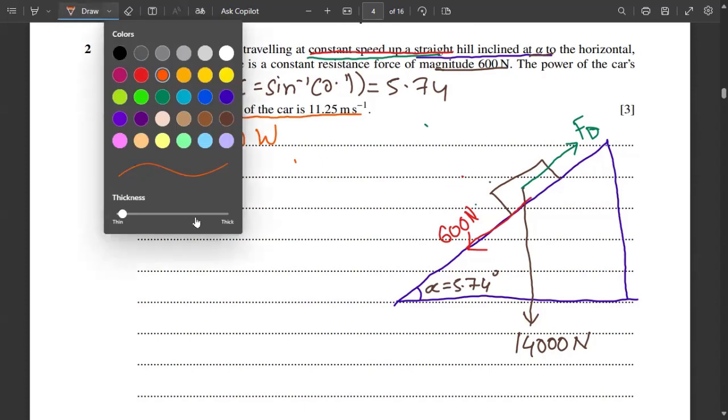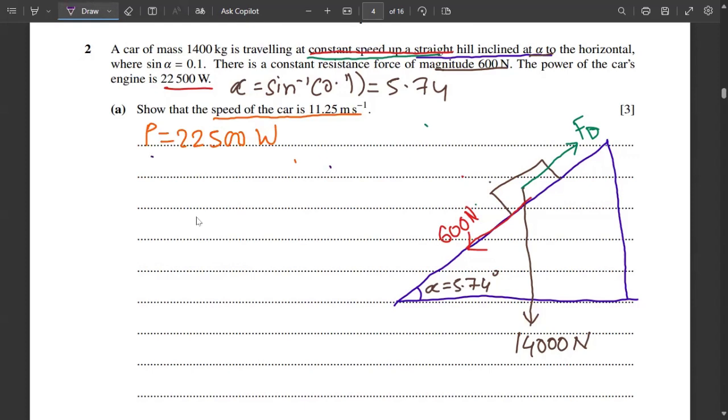There are two equations I want you to know beforehand. First is power equals force into velocity. But there are a few changes here. Power will be the power of engine, and force will be the driving force, not resultant force, not resistance force. This is because the power of the engine will only be able to exert the driving force, right? So that's why these both are related.